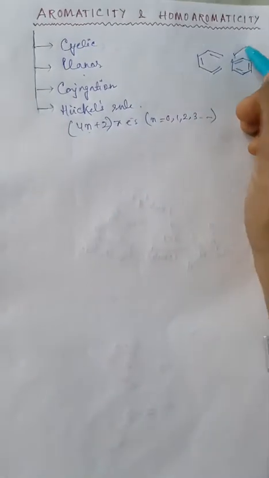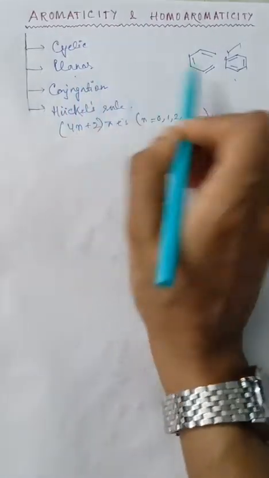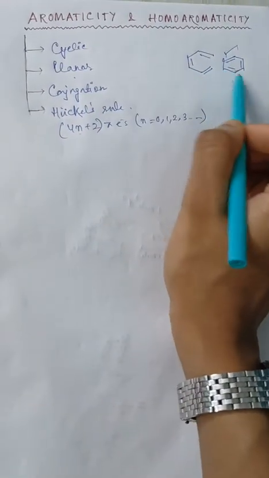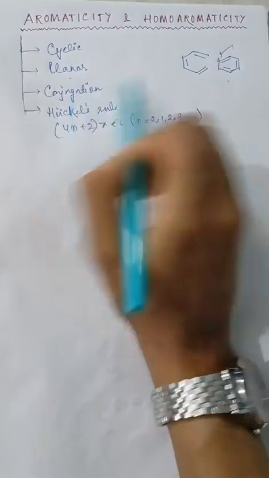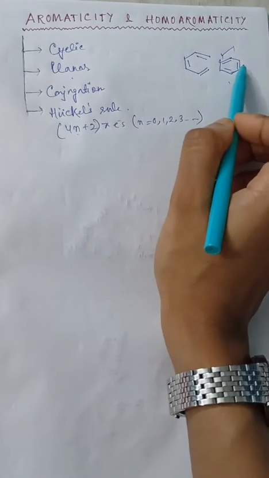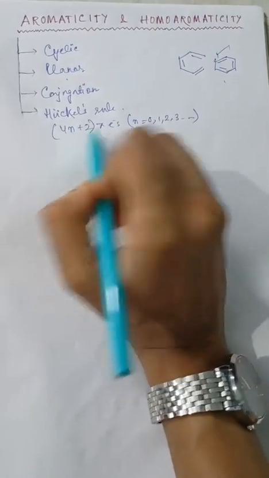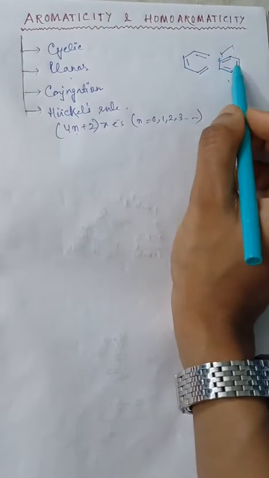Now you take benzene, right? This is cyclic, so the first condition is satisfied. This is planar, all are sp2, all are planar. Conjugation, yes: sigma, pi, sigma, pi, sigma, pi. Huckel's rule: n equals 1, then 6 pi electrons: 1, 2, 3, 4, 5, 6.